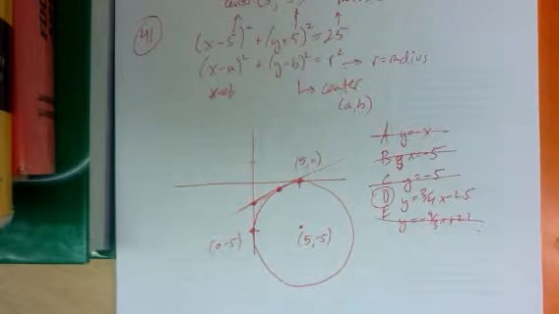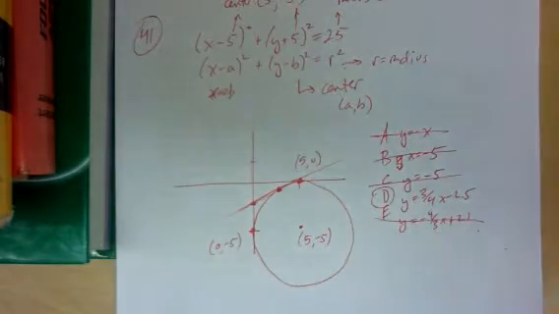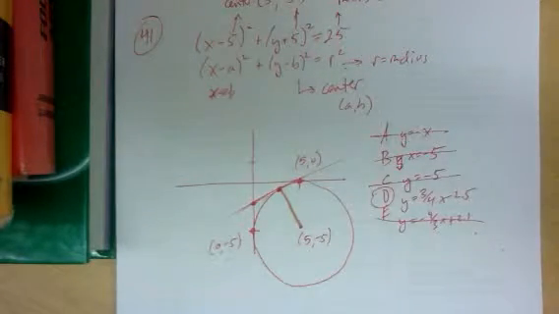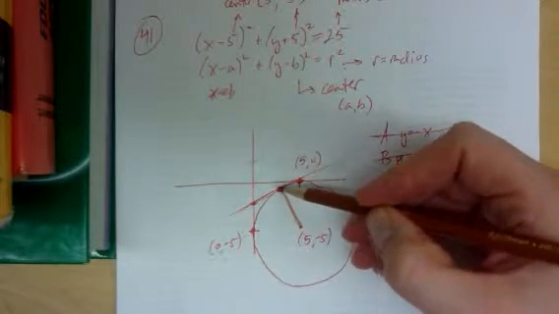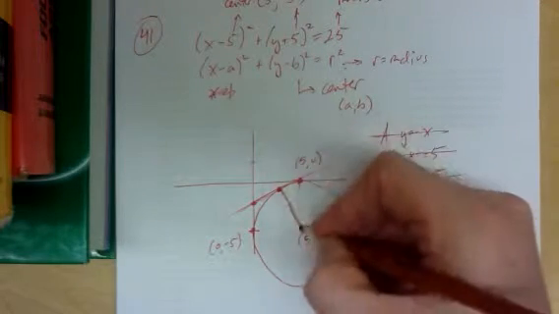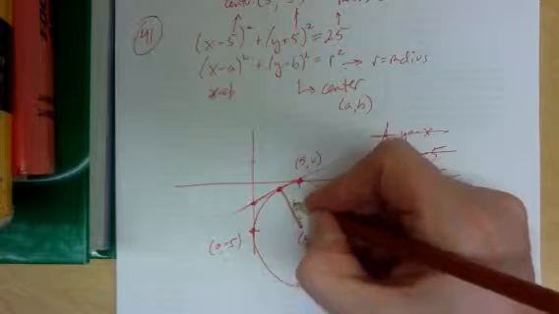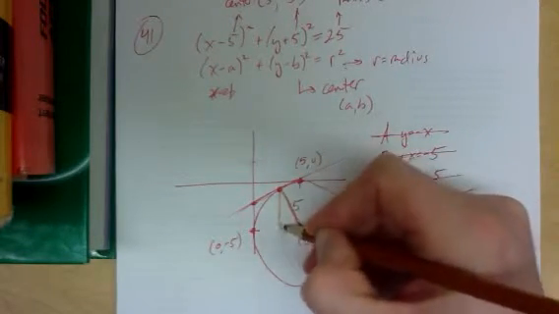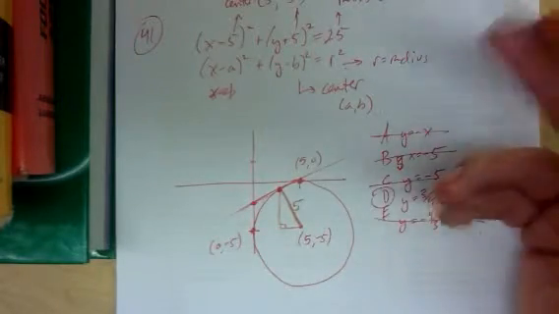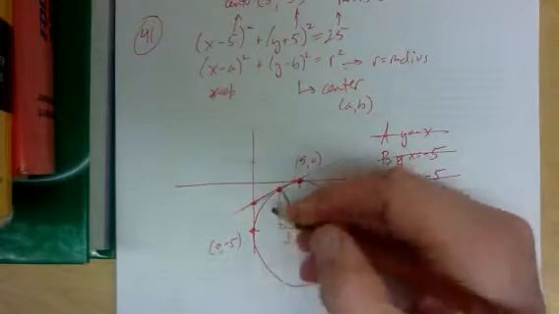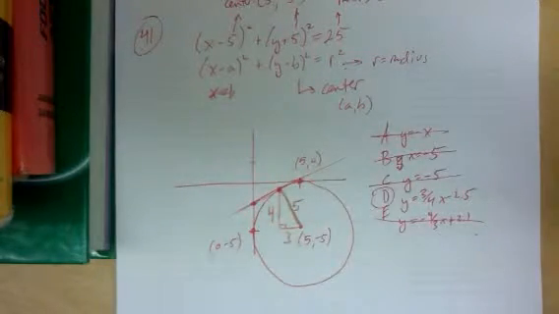Now, with this 3/4, one thing you might notice is that the radius here, the radius from here to here, is, of course, 5. This distance, that little right triangle here, could be any two lengths, but it's going to be convenient if this is 3 and that is 4.